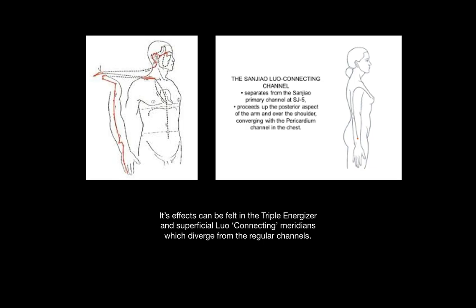So the meridian channels have specific points, but they do diverge and spread out and control the muscular regions. Here's just one example of a connecting channel. I've used the Sanjiao or Triple Energizer, but there are many connecting channels, 12 to be exact.